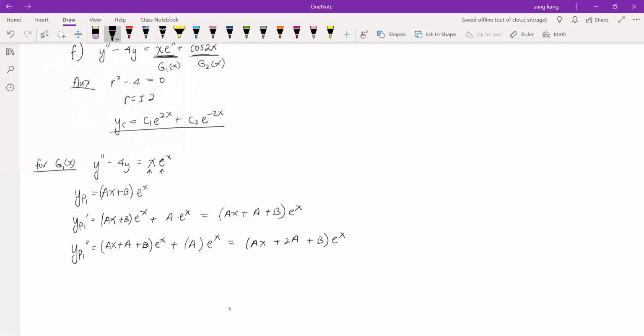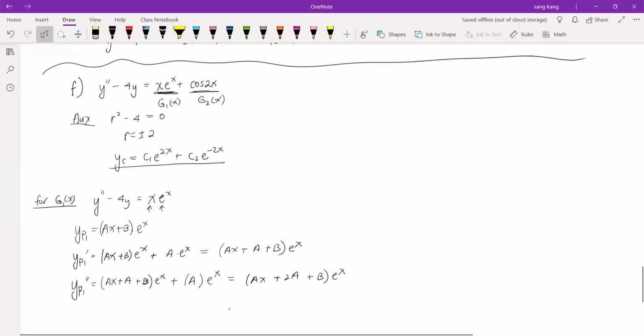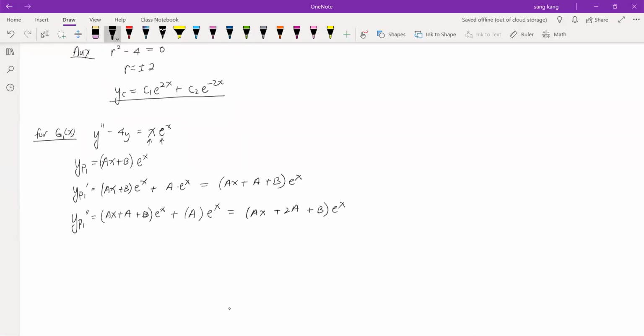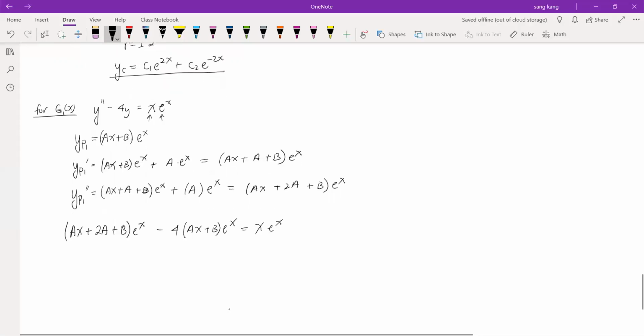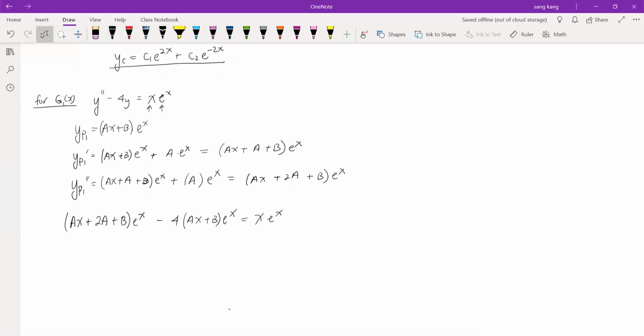So now we'll plug it into our differential equation. So y double prime, ax plus 2a plus b, minus 4 times y. So y is ax plus b e to the x, and this should equal x e to the x. Now I've got to solve for my coefficients, so I'm going to gather all my x e to the x terms first.